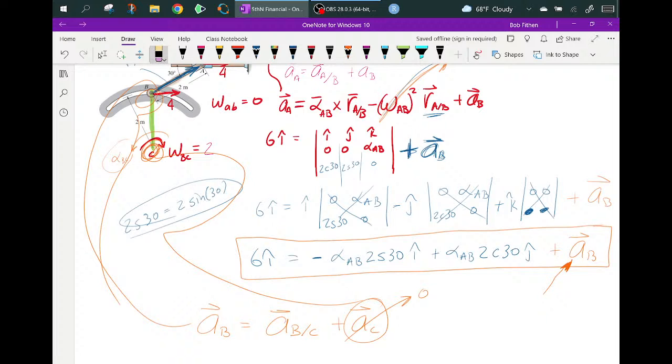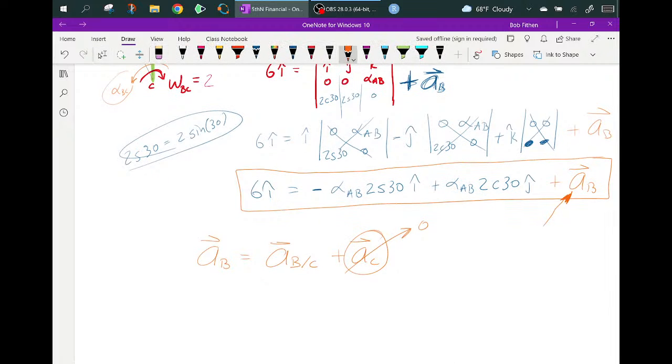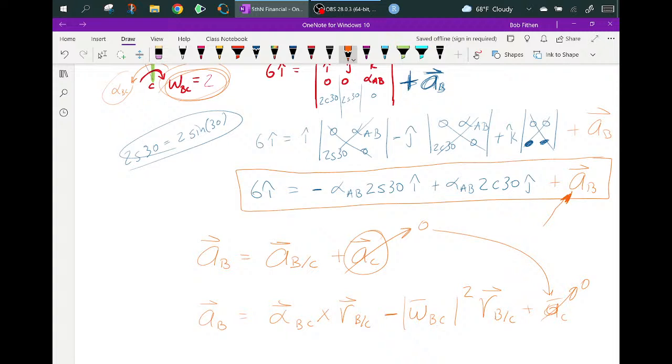So really what you've got is you've got this acceleration of B is equal to alpha BC cross R B from C minus omega BC, which we have, and its magnitude squared R BC. Now the term here would generally be the acceleration of C, but again it's 0.